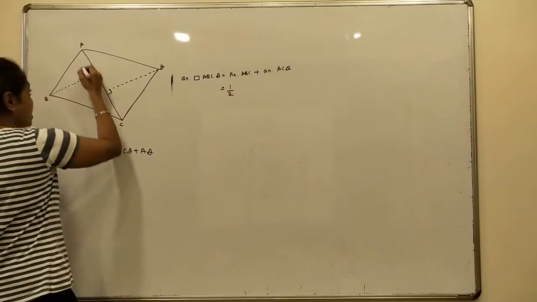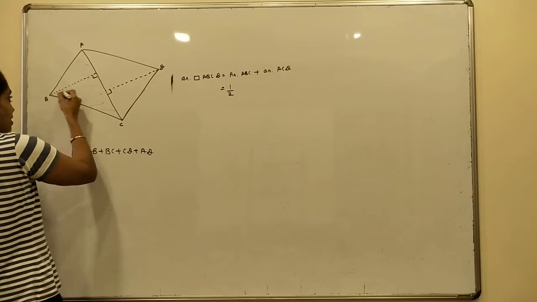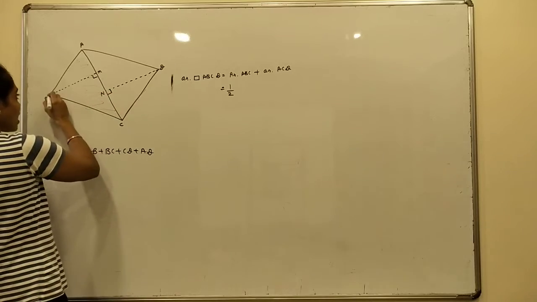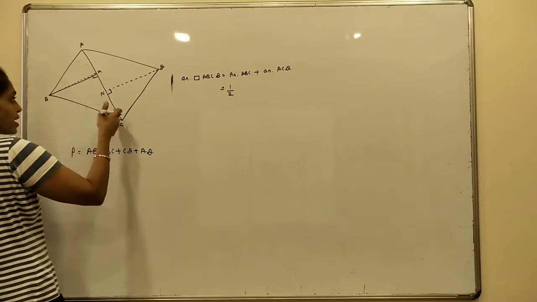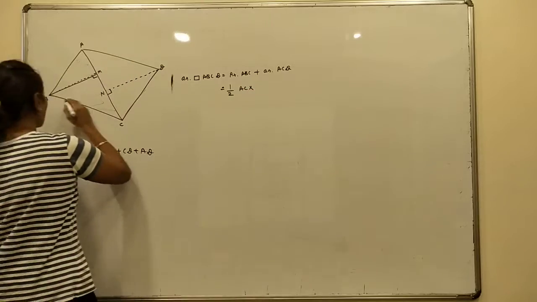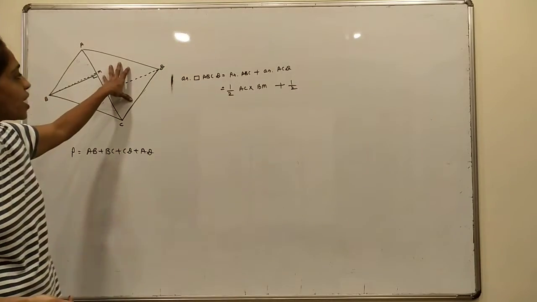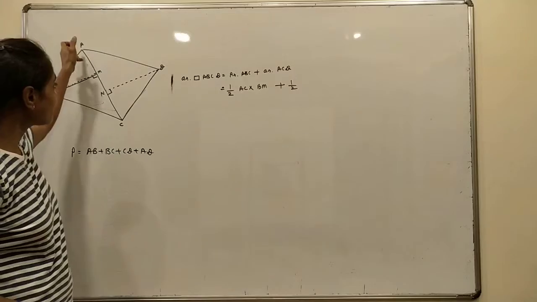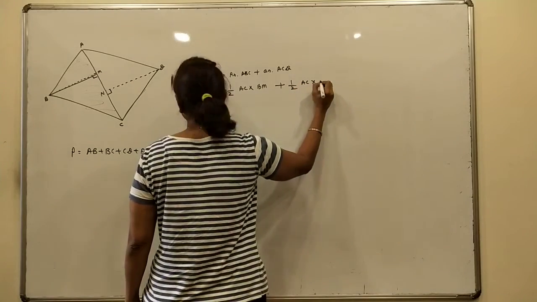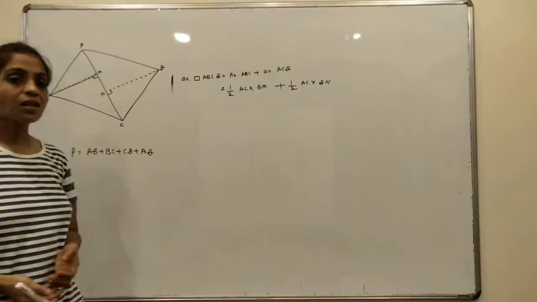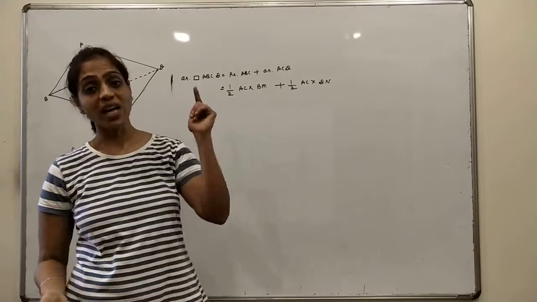So 1/2 of, for this triangle, base is AC and height is, for example, BM and DN are altitudes. Now the shaded triangle ABC area is 1/2 of base AC, the height on it BN, plus 1/2 of the unshaded triangle's area, which is 1/2 of base AC, the height on AC is DN, into DN. Very simple. Any quadrilateral is given with a common diagonal and the heights on the diagonal are given.